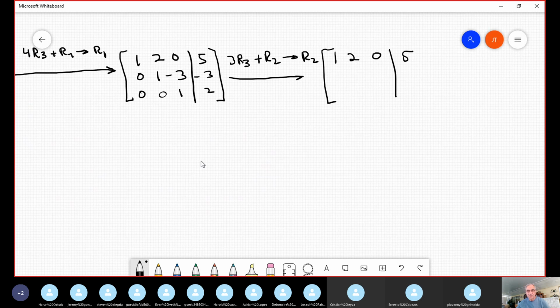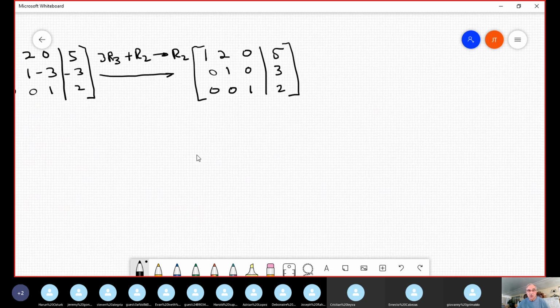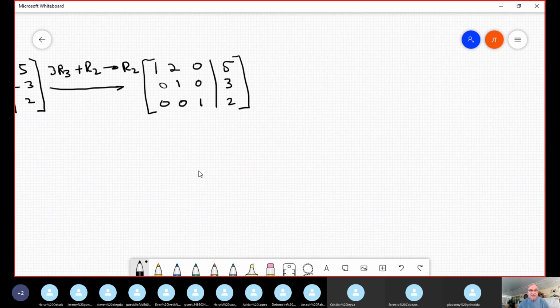Row 1. Do you know that in this method there is a lot of repetition? Now you transform row 2. Get 0, 1, 0, 3. 0, 0, 1 and 2 here. Almost. What is the only thing you should do? The only thing you should do is this 0.